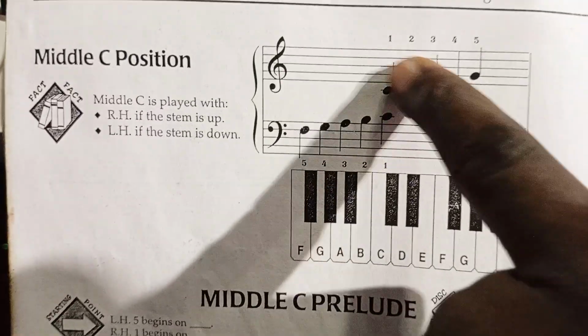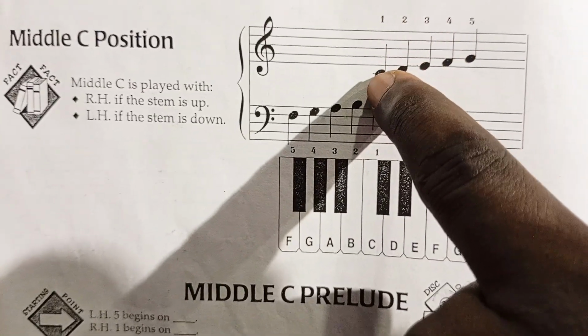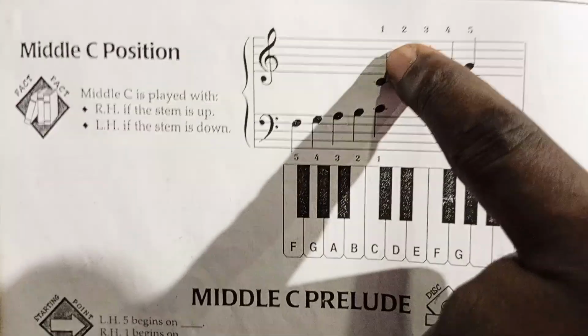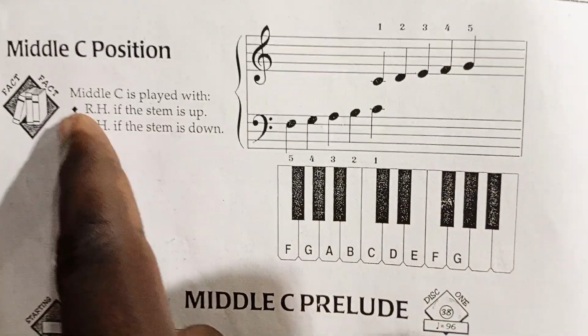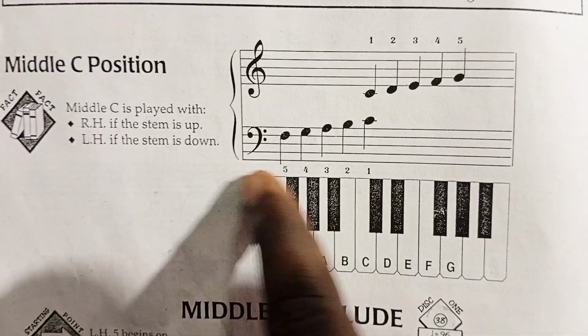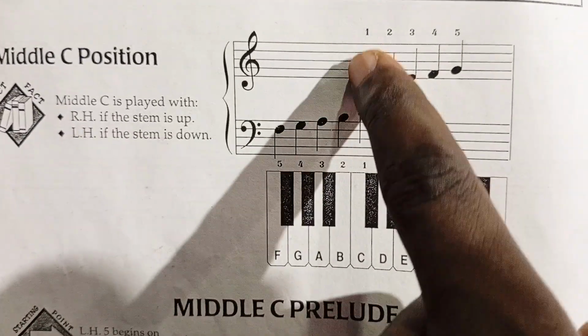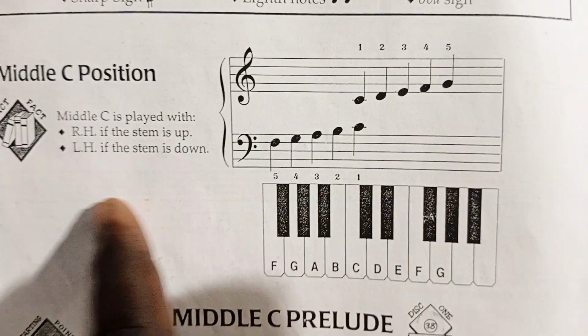This is our stem on this note, this line that comes. This is the note head and this is our stem. So here the rule is, if the stem is up like this, it will be played with the right hand.